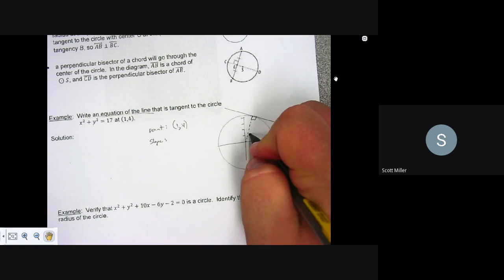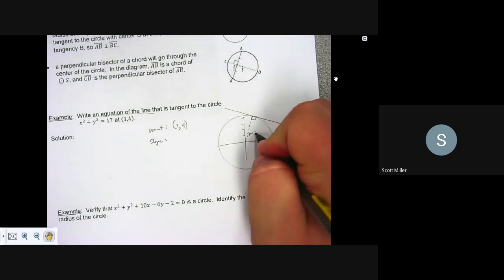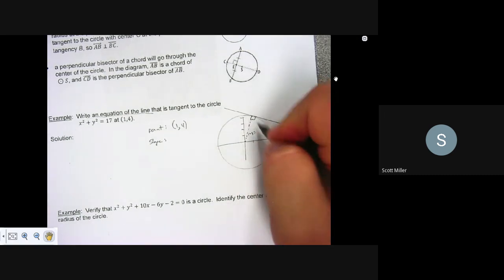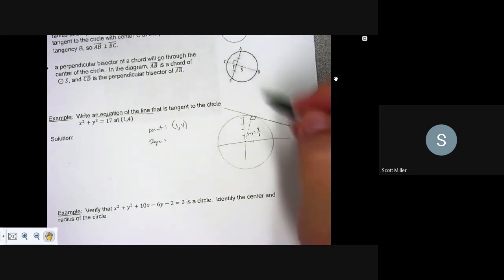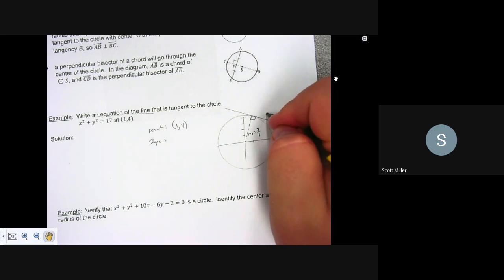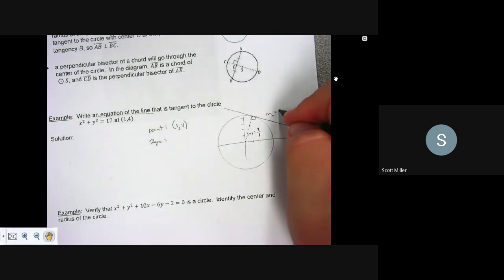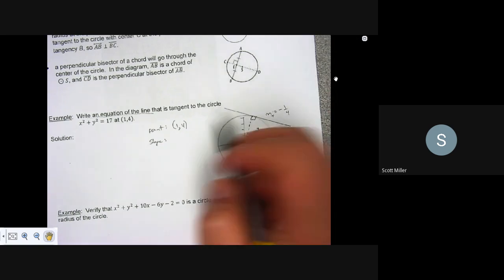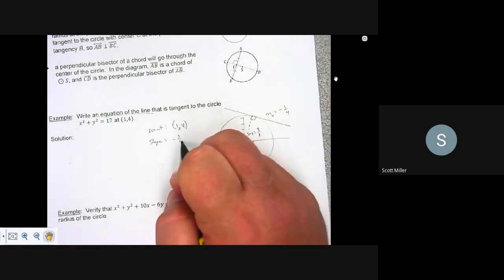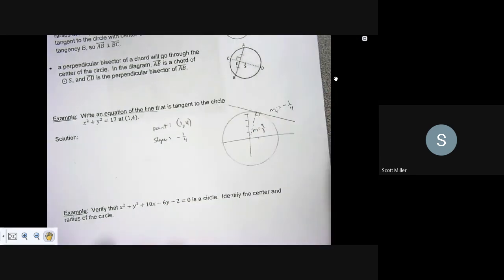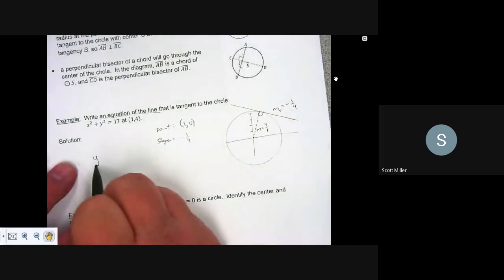So what is the slope of this radius? Well, it's rise over run, which is 4 over 1. So if this slope is 4 over 1, then the slope of my tangent line must be the negative reciprocal of this, or negative 1/4. So my slope is now a negative 1/4. This allows me to use the point slope formula.